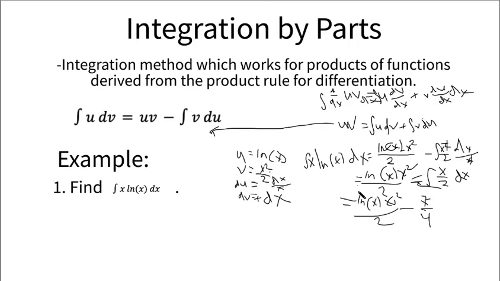Now it's just algebra. We're going to multiply the top and bottom by 2 on the first term, so we can combine everything into one fraction. So you get 2 natural log of x times x squared minus x squared, over 4.